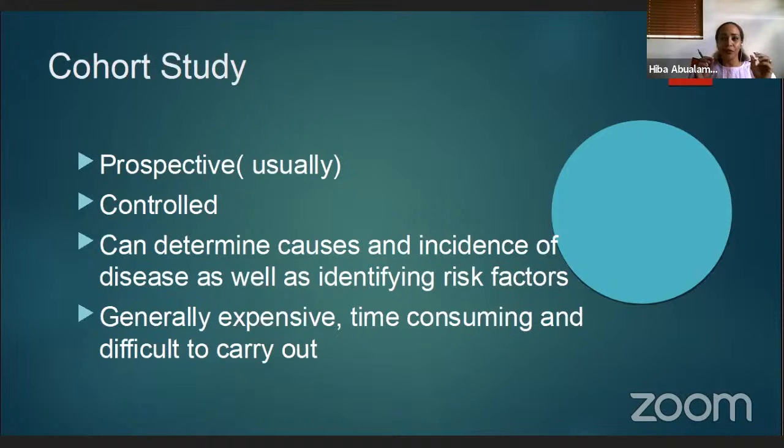What I mean is for your control group, you shouldn't match them to their exposure status in case control. So usually a cohort has a control group and can determine cause and incidence of the disease, as well as identify risk factors. It's generally expensive, you need funding for this, and it's time consuming and difficult to carry out because we usually have lots of follow-up.